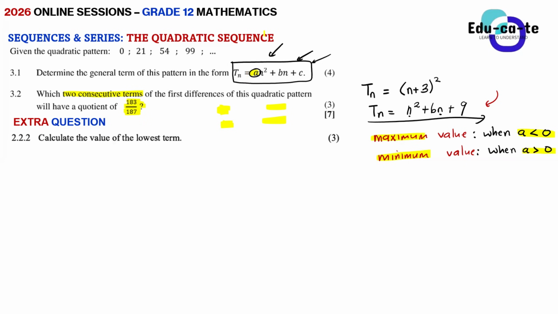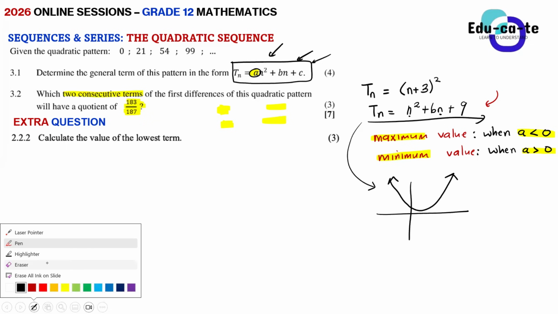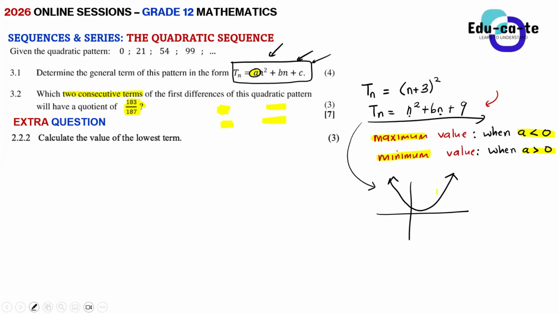This is because when you plot a graph of a quadratic function, this quadratic pattern, it becomes a parabola. If the value of a is positive, it means that the graph is concave up, something like this. If your graph is concave up, its turning point is the minimum value.